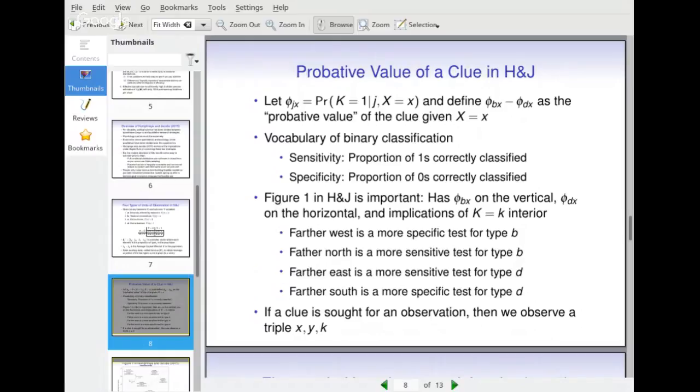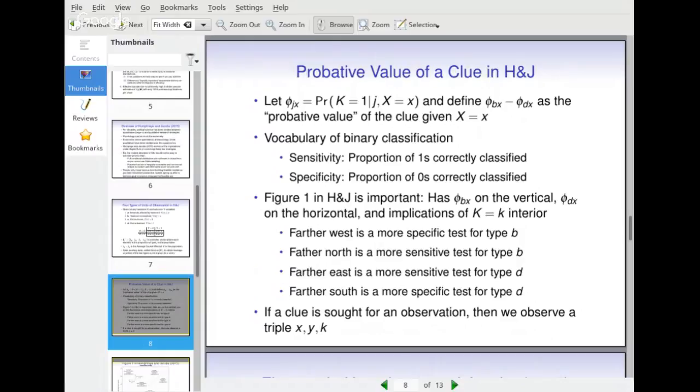It's either 1 or 0. So it's the conditional probability of observing the clue, conditional on the country being of type A, type B, type C, type D, and conditional on X. So it's a conditional probability of observing the clue for a country of this or that type that has this or that value on the X variable, and we observe X.